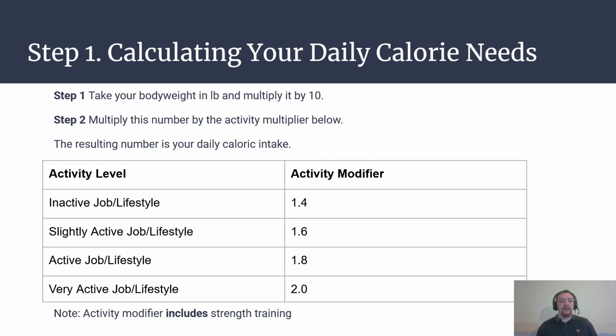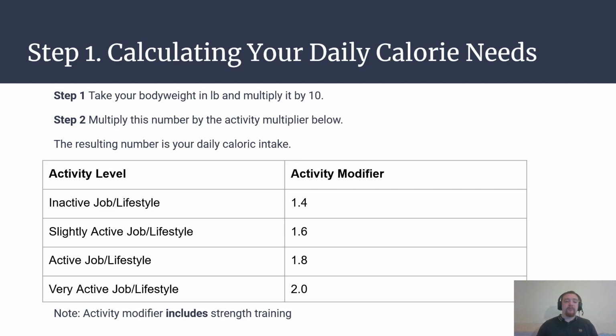So the first step to figuring out how many calories you need is to figure out how many calories you need to stay at the same weight. So this is quite simple. Take your body weight in pounds and multiply it by 10. So for instance, a 200-pound man would take their body weight, 200 pounds, multiply it by 10, that's 2,000.